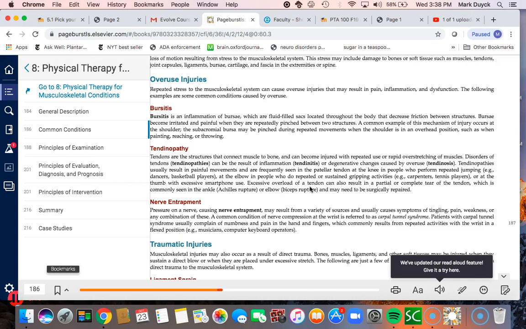But an injury because of repeated use or rapid overstretching can result in a tendinopathy, or just a real painful inflammation of a tendon.